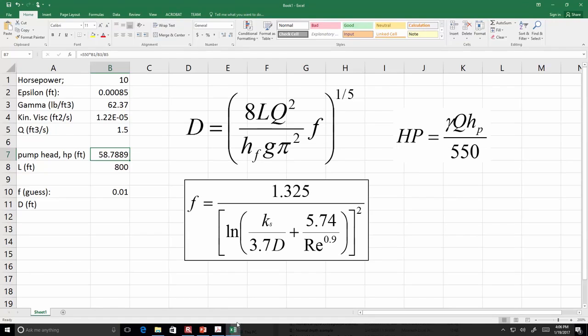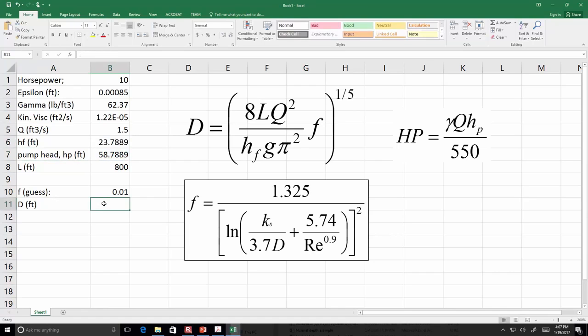That's how much energy we can spend. You can think of it as like we're spending it on the frictional losses. All right, so back here to an H sub F term in terms of feet. It would be the pump head minus the elevation difference of 35 feet.